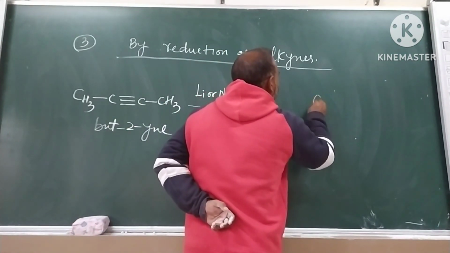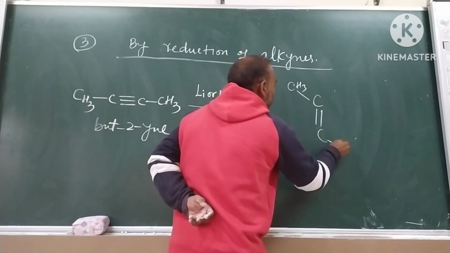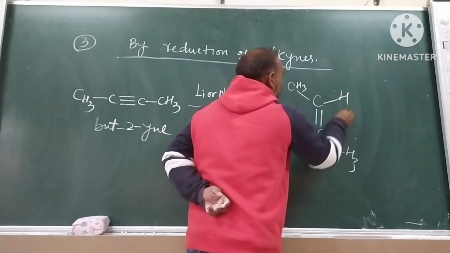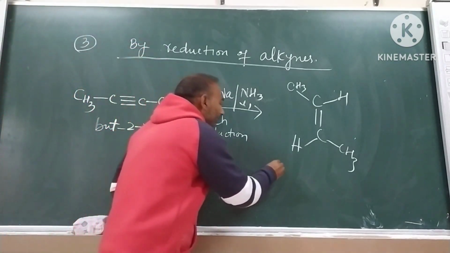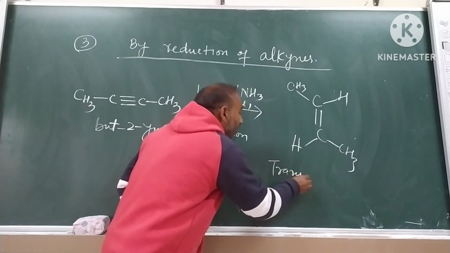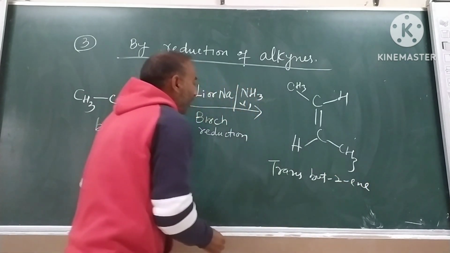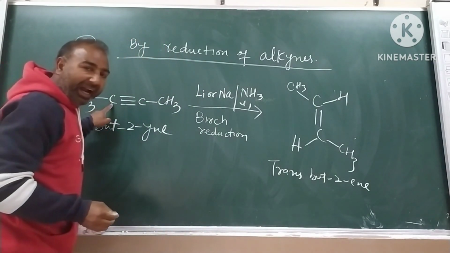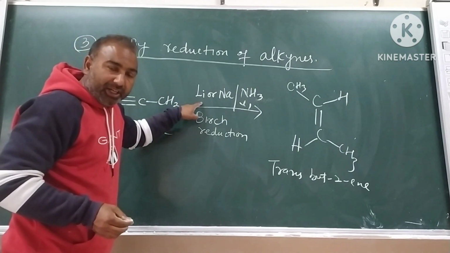So we get this: a carbon-carbon double bond with CH3 and CH3 on opposite sides. It's called a trans alkene, but-2-ene. This carbon gets one hydrogen and this carbon gets one hydrogen from the reducing agent.